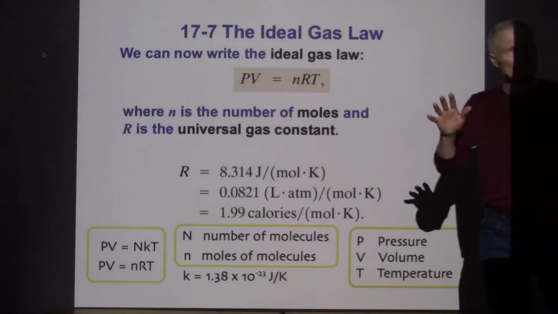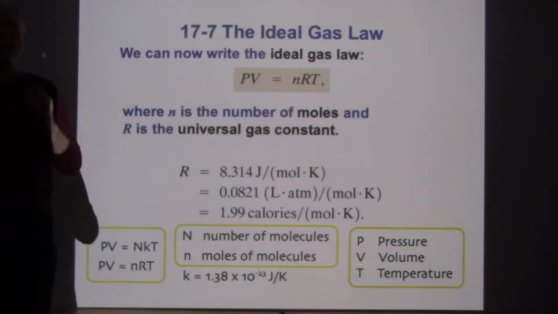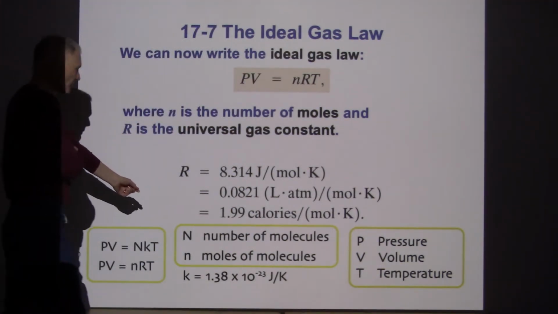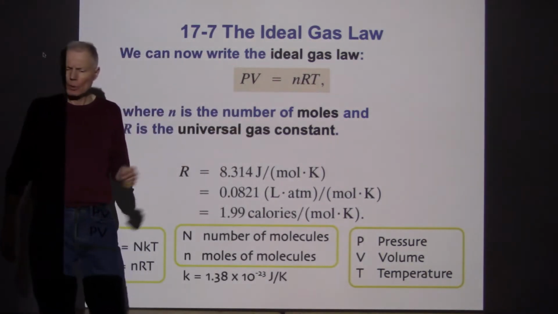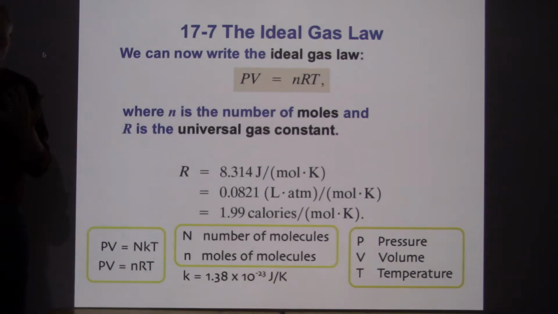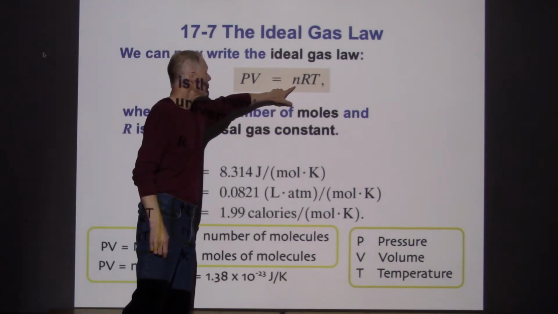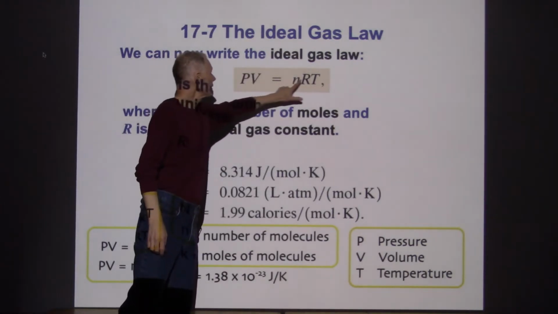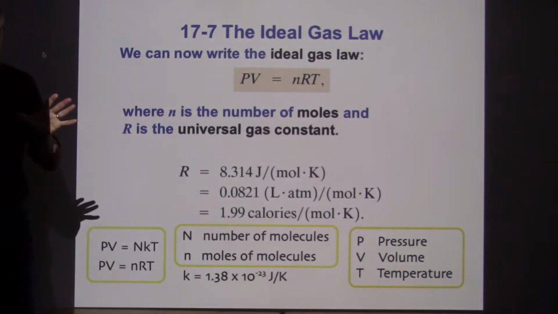All right, here it is, the ideal gas law. We're going to be working with this a lot, a real lot. So this is something we want to be clear on. If we take almost any gas, what we find is that the sample size, which here is given in terms of moles, the pressure, the volume, and the temperature are going to follow a certain pattern.